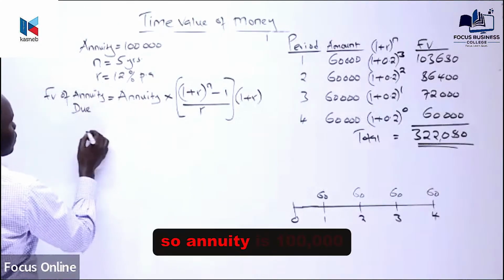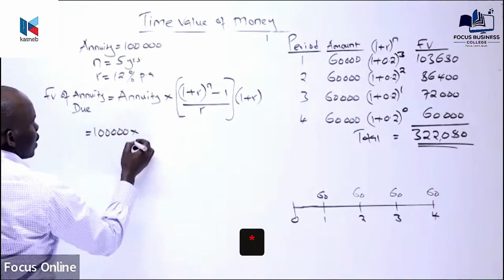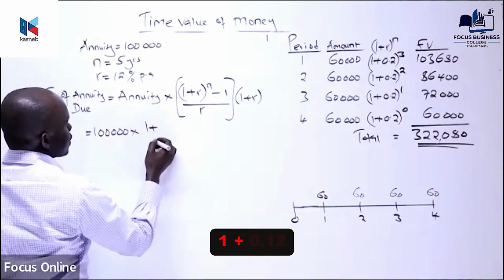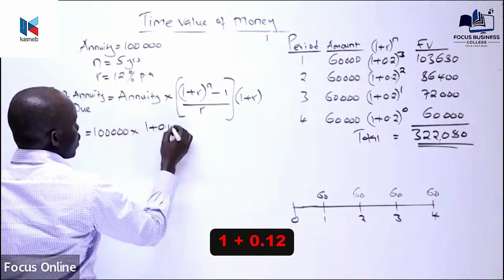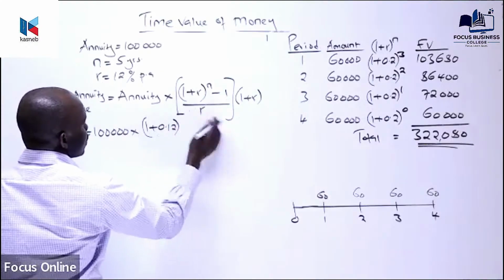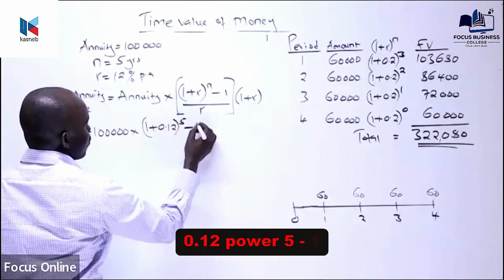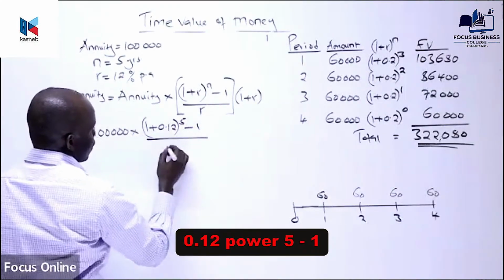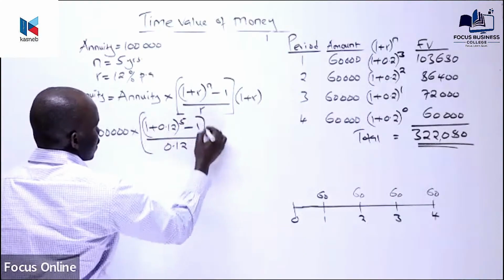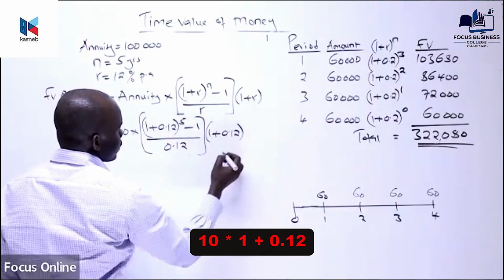So the annuity is 100,000 times 1 plus 0.12 power 5 minus 1 over 0.12, then times 1 plus 0.12.